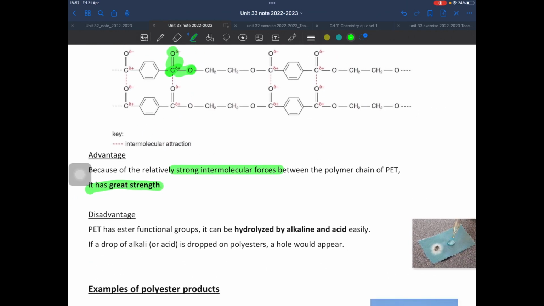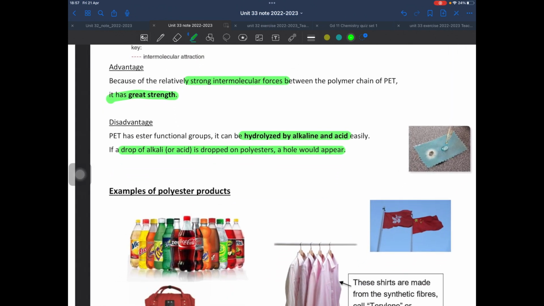However, with the ester functional group, the polymer can undergo alkaline or acidic hydrolysis, so such a polymer cannot be used in highly acidic or highly alkaline conditions.